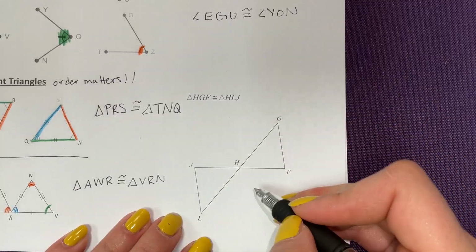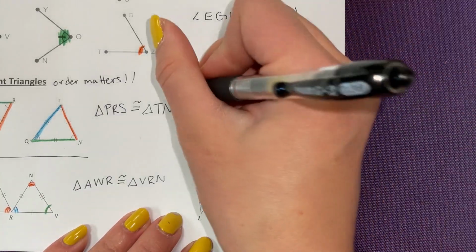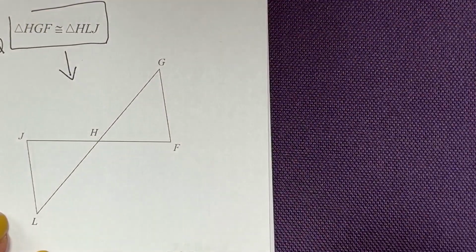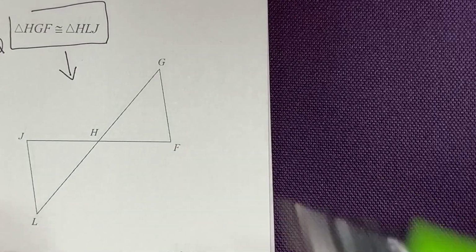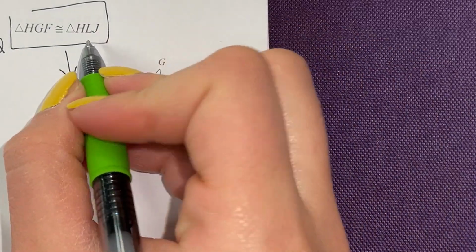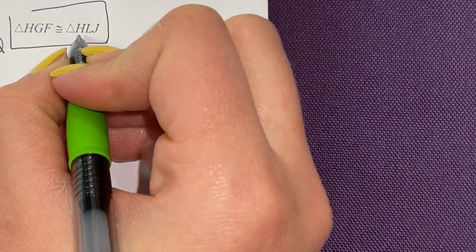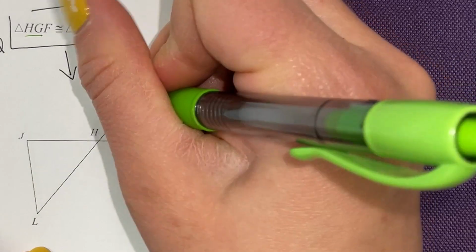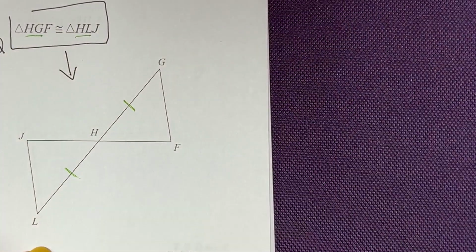All right, this last one here, I'm gonna use this triangle congruency statement to mark up where things are congruent. So, in this triangle congruency statement, because order matters, I can say that HG and HL are congruent lines. So I'm gonna put a tick mark there.